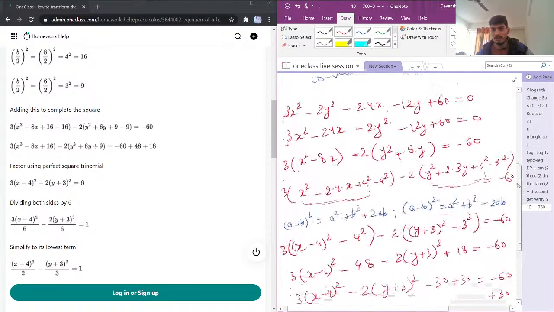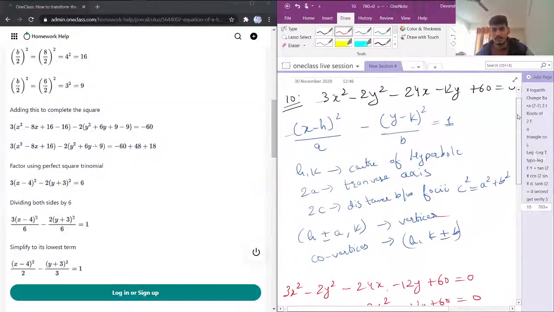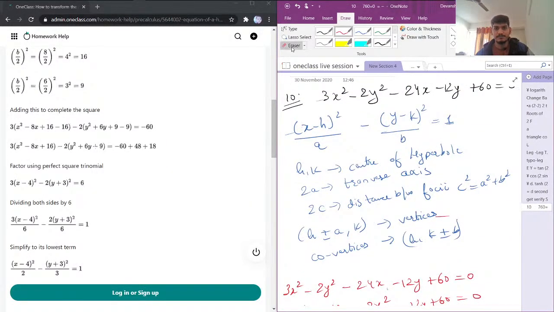So the general form was x minus c. We need a minus sign here.